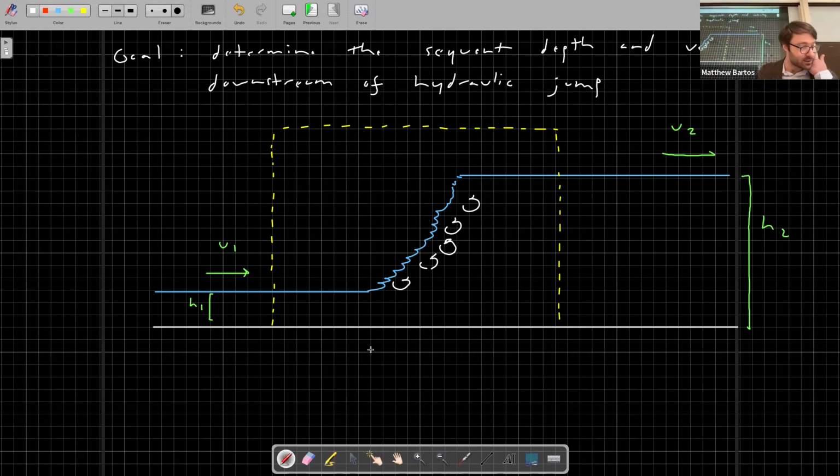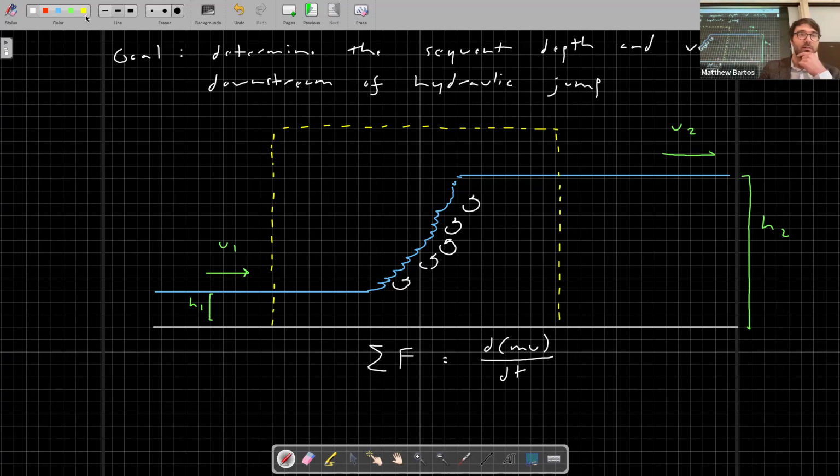So we have that the sum of forces is equal to the rate of change of momentum. So that's d of mv by dt. And let's think about the forces that'll be acting on this control volume. This is a horizontal channel, and it's going to take place over a short distance. What are the forces acting on this control volume?